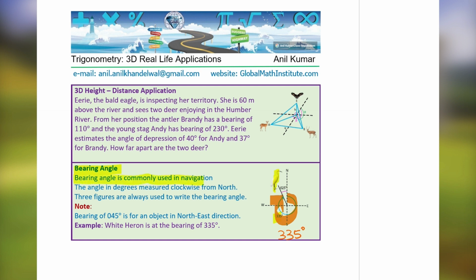Bearing angle is commonly used in navigation, that is the application, and the angle in degrees measured clockwise from north is what we call a bearing angle. Perfect. Three figures are always used to write the bearing angle. So that summarizes what you need to know about the bearing angle.